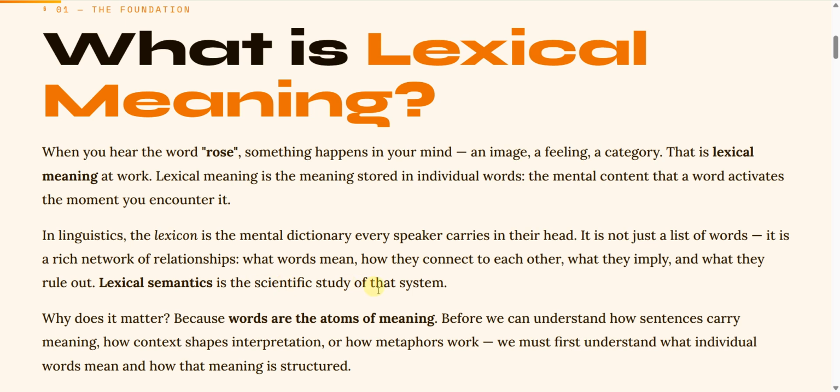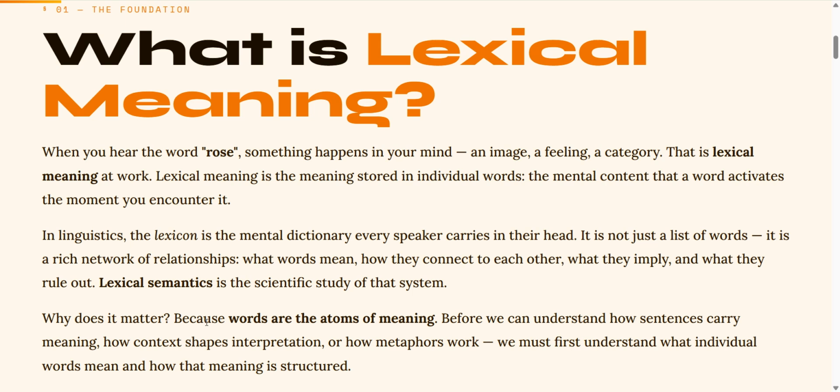Lexical semantics is the scientific study of that system. It is basically linked with our lexicon, that is, the mental dictionary, having a vast range of vocabulary in our mind.